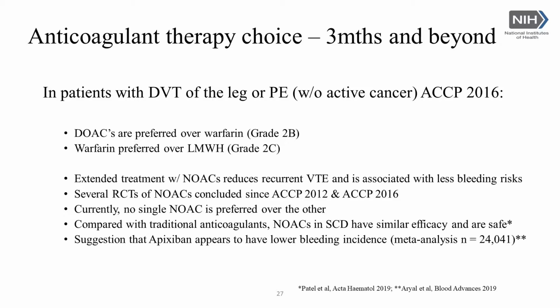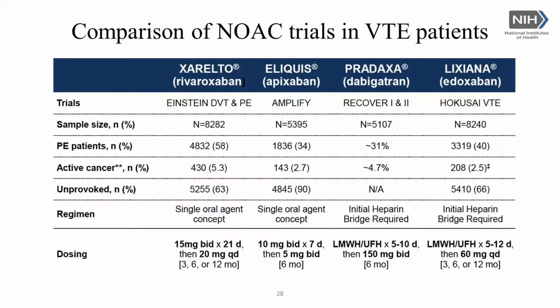When you talk about how you initiate the treatment, as Katerina was talking about, both rivaroxaban and apixaban can be started straight away, whereas both dabigatran and edoxaban require a bridge with low molecular weight heparin.